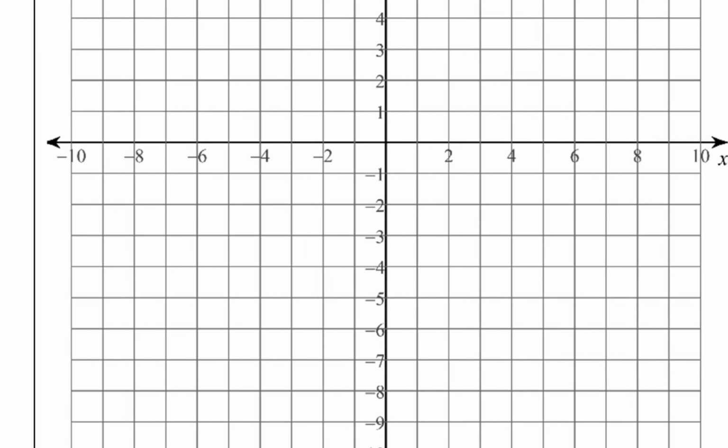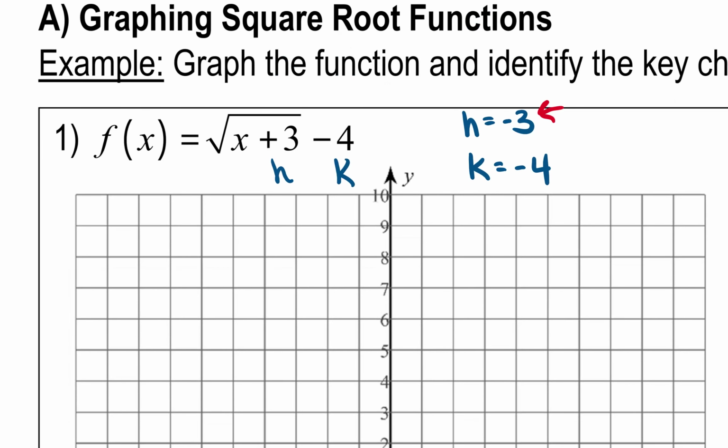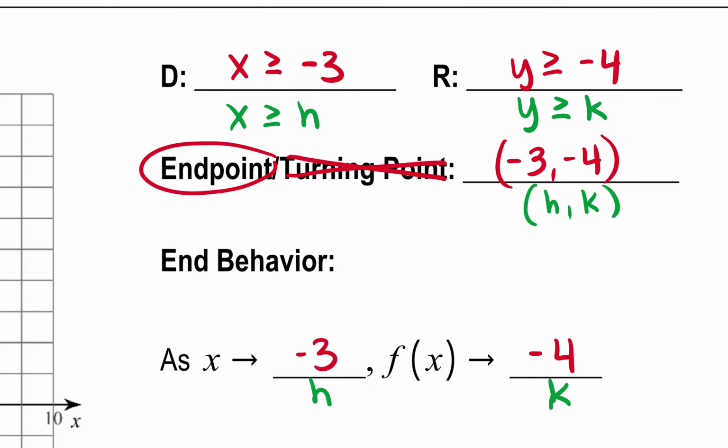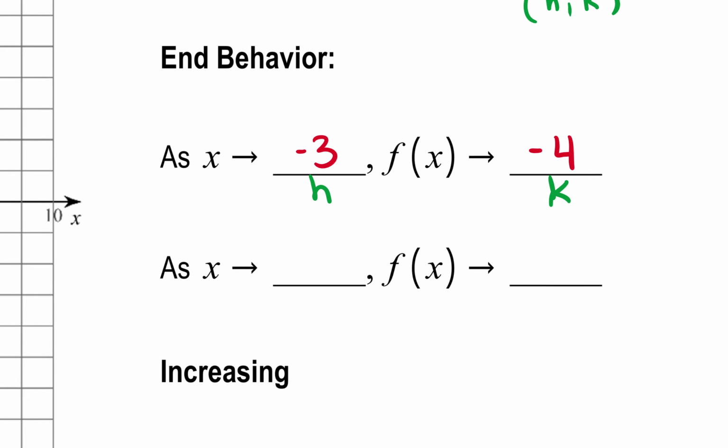Just real quick, let me show you. If there was a negative out here in the front, so if I had like a negative square root, which you'll see on the homework, negative square roots would go to negative infinity. Okay? So on here, I'm just going to put as x approaches infinity, infinity. Okay, if it was negative, it'd be infinity, negative infinity.